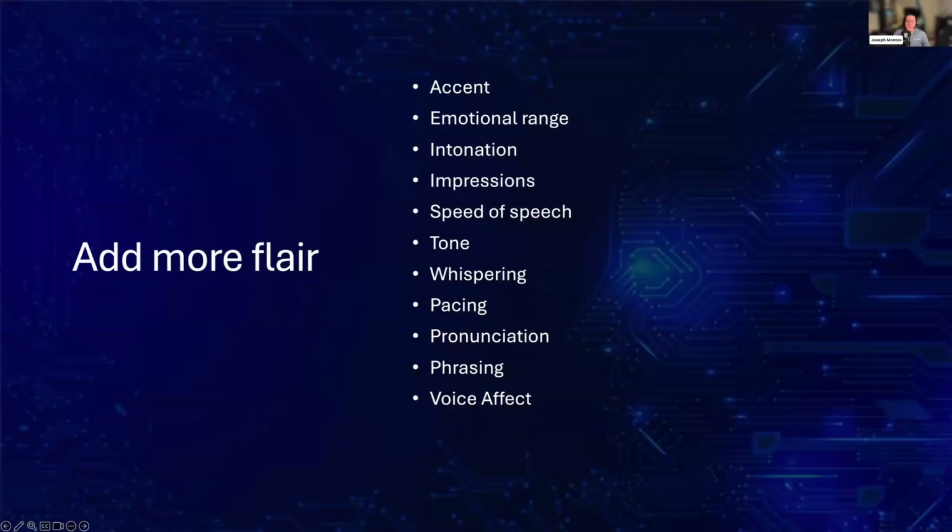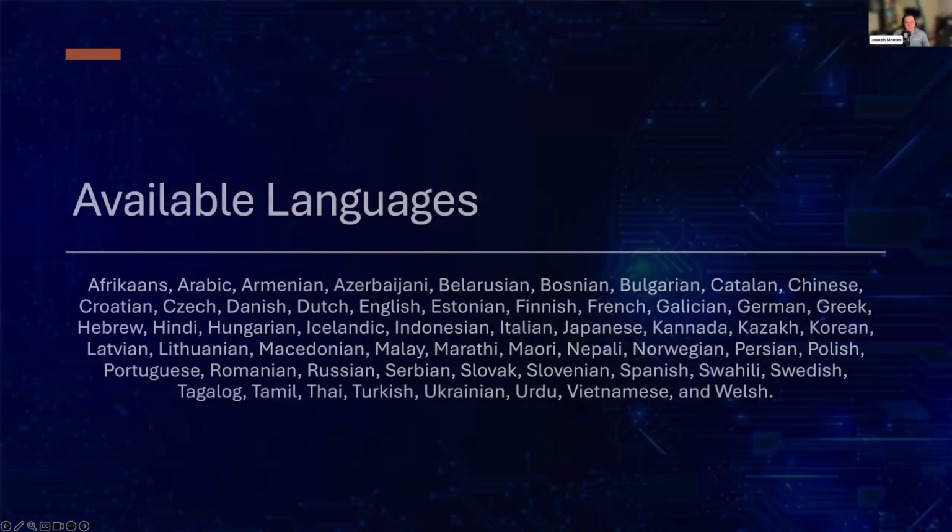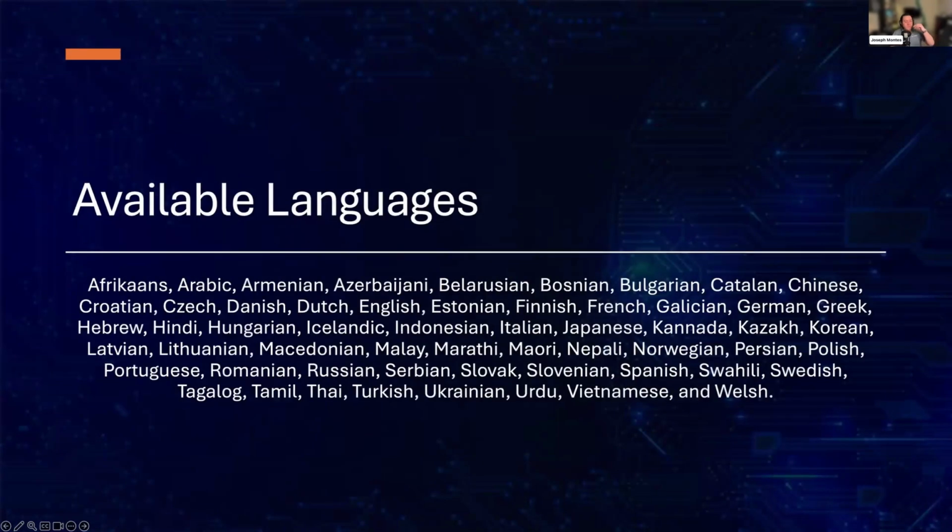One thing that OpenAI made available, I know that some of you in the chat have been asking, is that even though the voices have been trained in English, the GPT model is able to process or understand multiple languages. So this is the list of languages that OpenAI says they support.